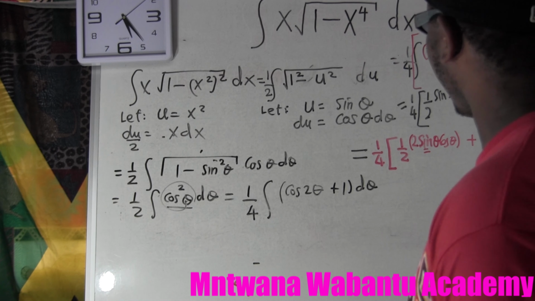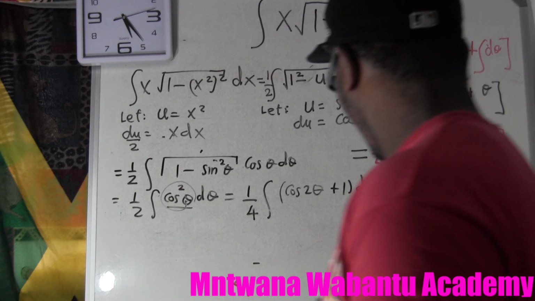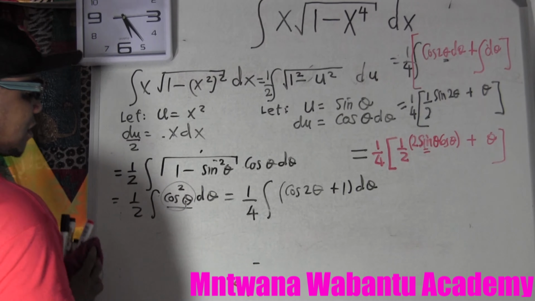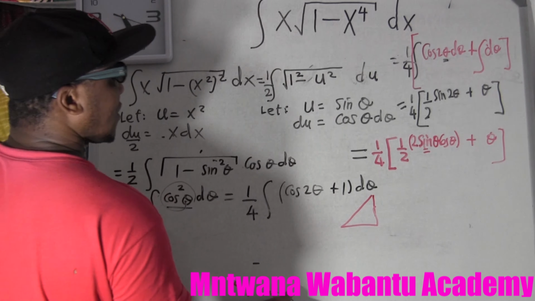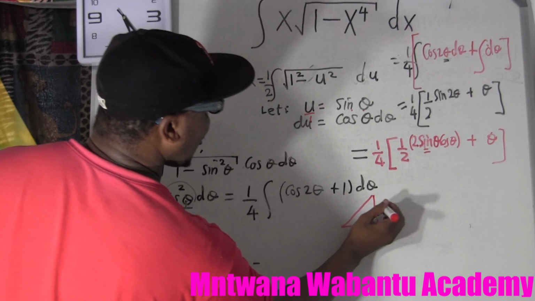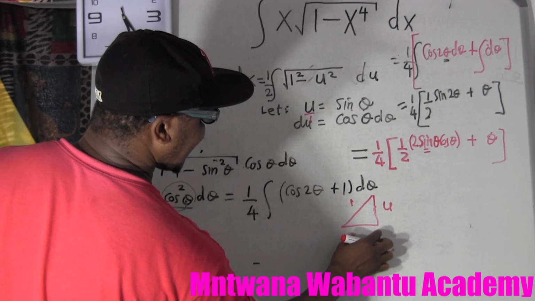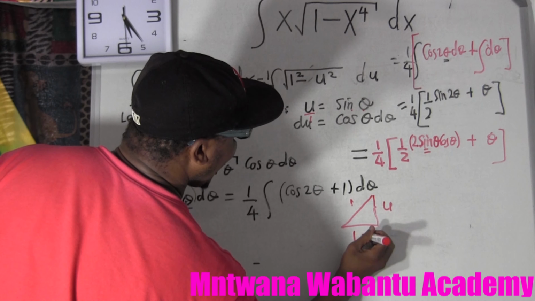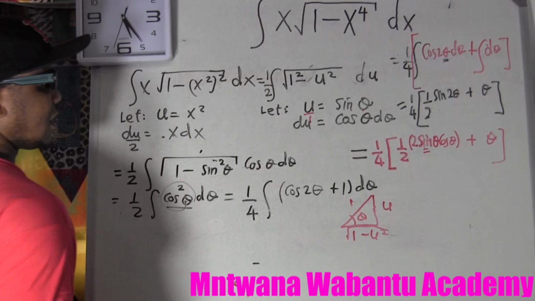It's easy. Look, if you have a triangle, let's say, you just make a space here. If you have a triangle like here, sine equals opposite over 1. The opposite is u, and the hypotenuse equals 1. So the adjacent is the square root of 1 minus u squared, and our angle equals theta.